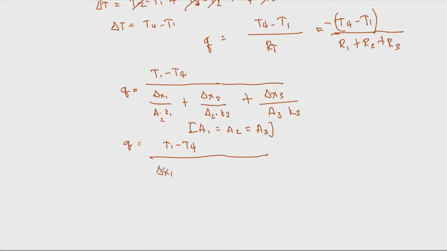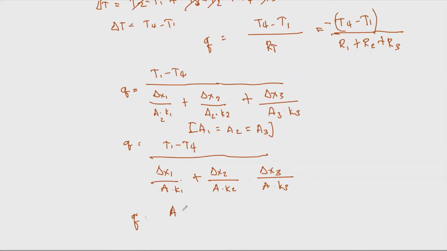So this is delta X sub 1 over A K sub 1 plus delta X sub 2 over A K sub 2, and so on. I can simply factor out 1 over A, and then that 1 over A will be placed at the numerator.